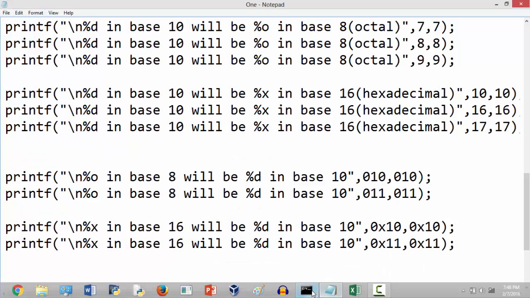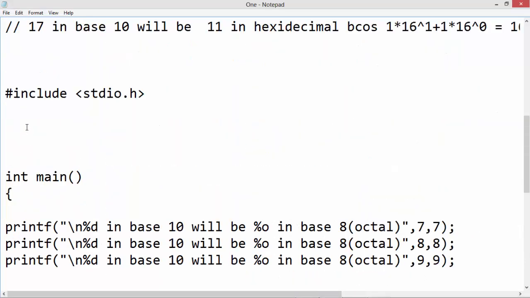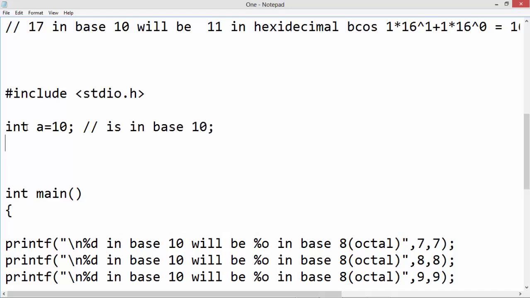So if I want to declare something, there is a difference. If I say int a equal to 10, it is in base 10 straight away, this we should understand. This is different from if I say int a equal to 010, then it is taken as octal.